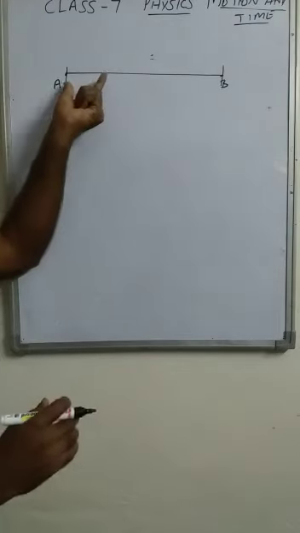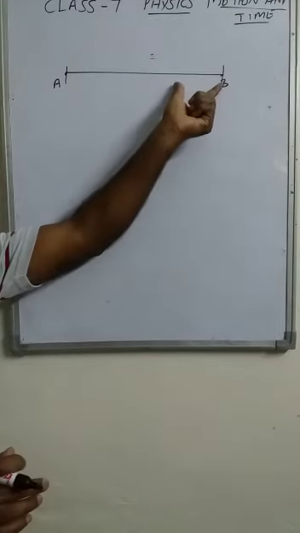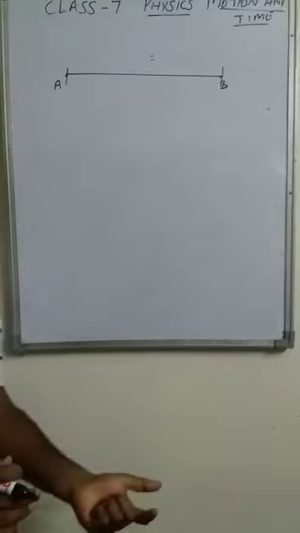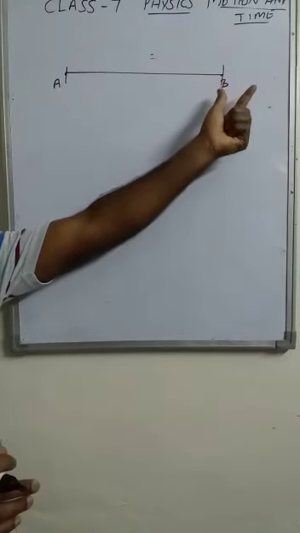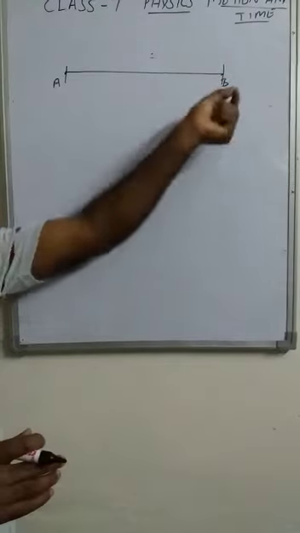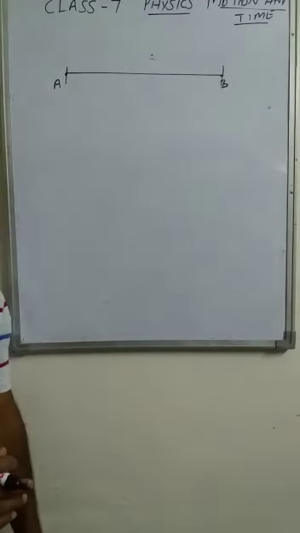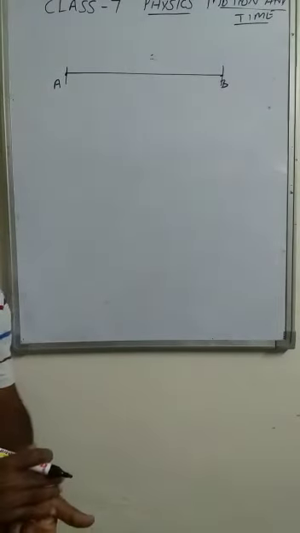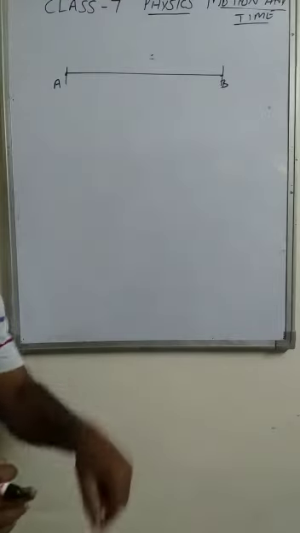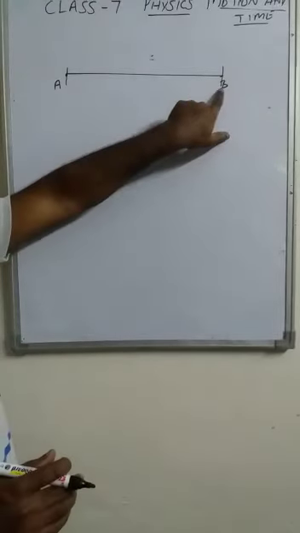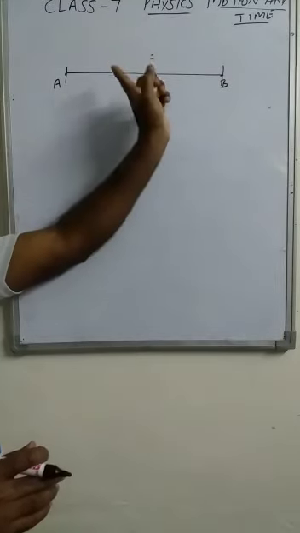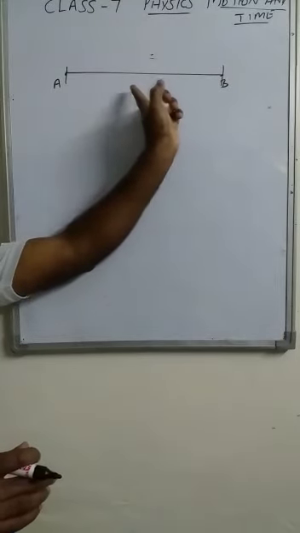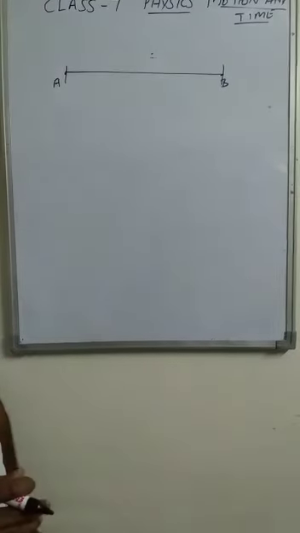But during the whole interval, the speed was different. But at the destination point, we say the car was traveling with this speed. Then how is it possible? That speed which we are mentioning at that last point was not the actual speed of that car.